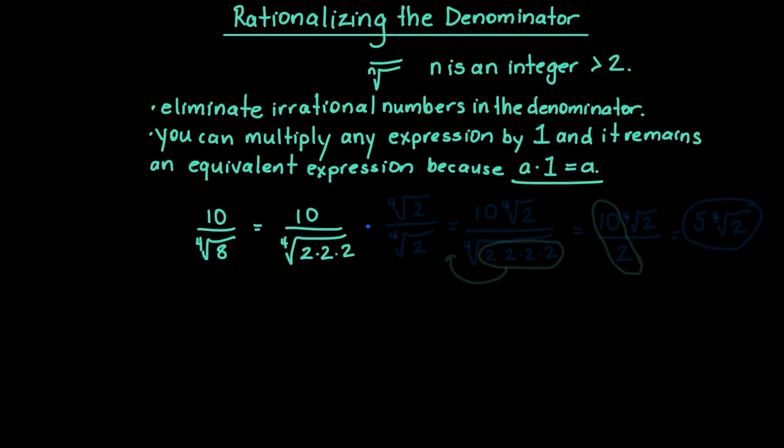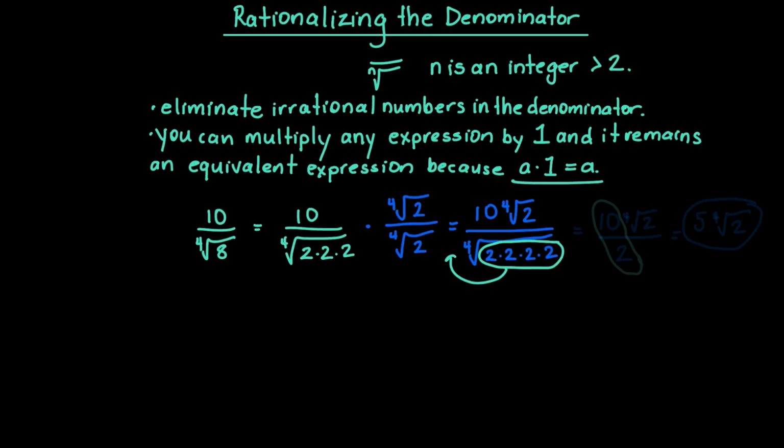So I know my equivalent form of 1 is going to be the fourth root of 2 divided by the fourth root of 2. So 10 times the fourth root of 2 all over the fourth root of 2 times 2 times 2 times 2. I now have quadruplet 2's, or a set of 4 2's.